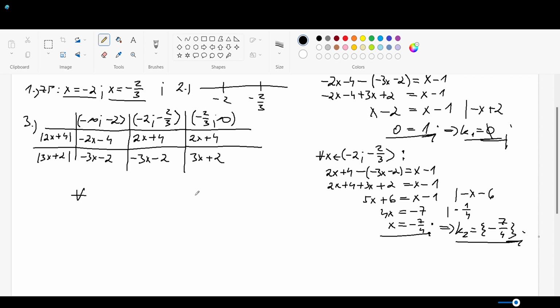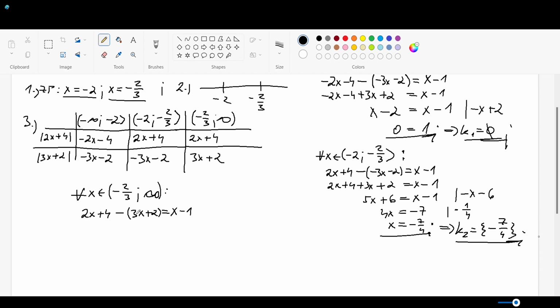The last thing is we are working on this interval, so we take all the information from this interval. For each x from the interval negative 2 over 3 to infinity, our equation is going to be 2x plus 4 minus 3x plus 2 is equal to x minus 1.